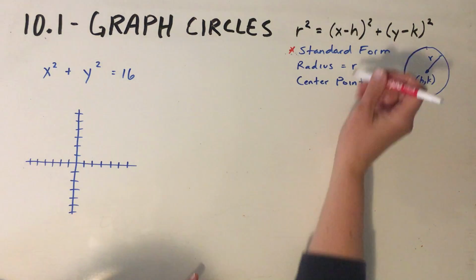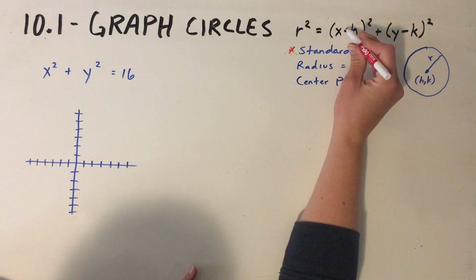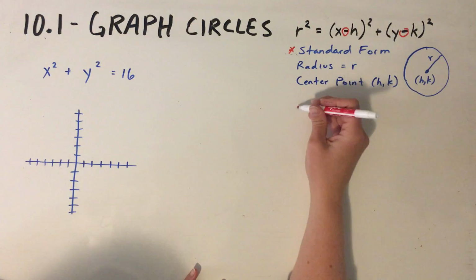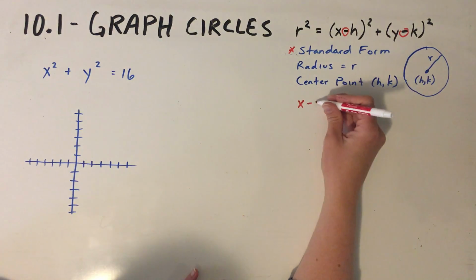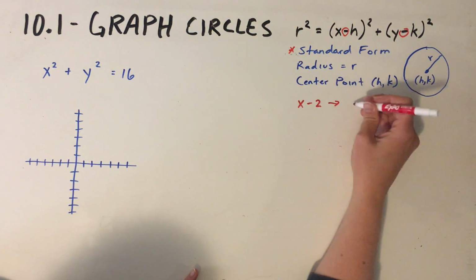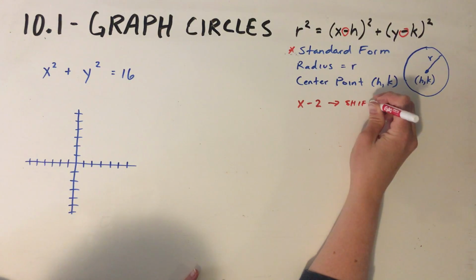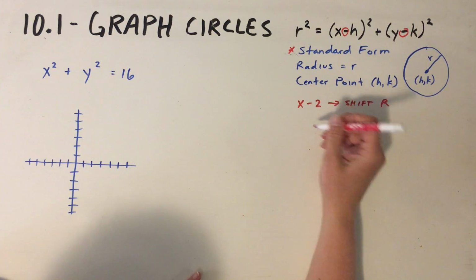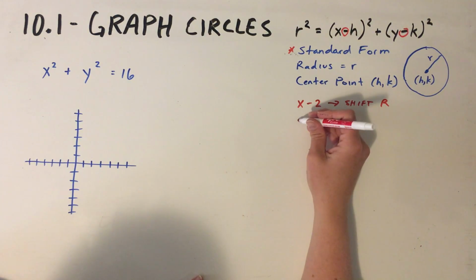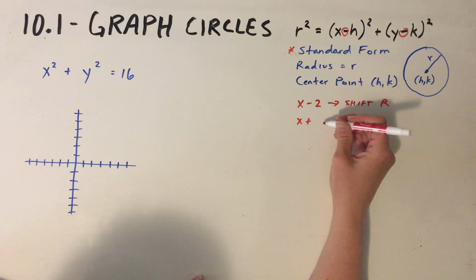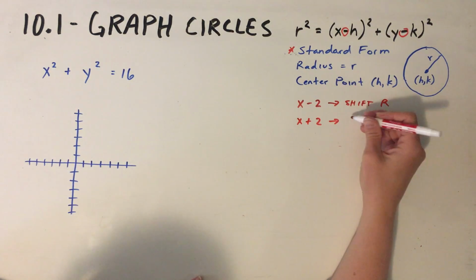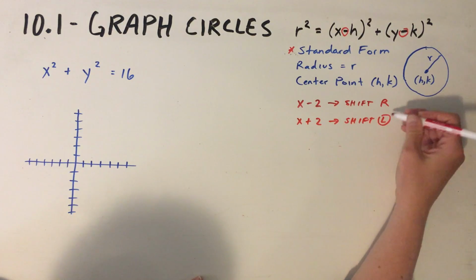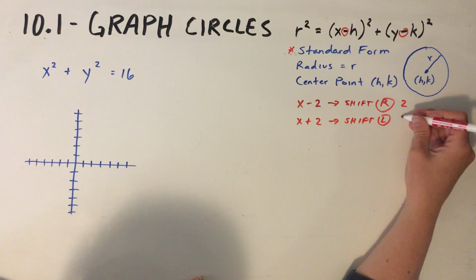Now we have the same thing going on here that we did with a parabola. This is a minus here. So if I have x minus 2, this is going to shift the center right, the opposite of what you think. If I had x plus 2, this is going to shift it left 2.